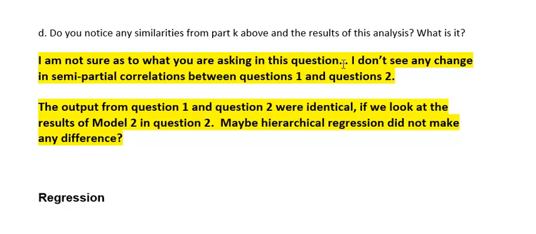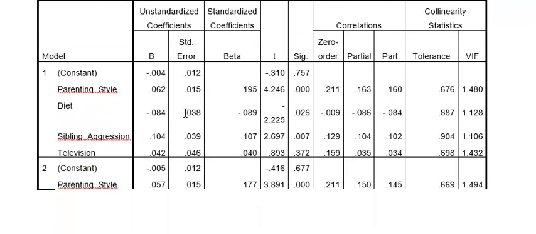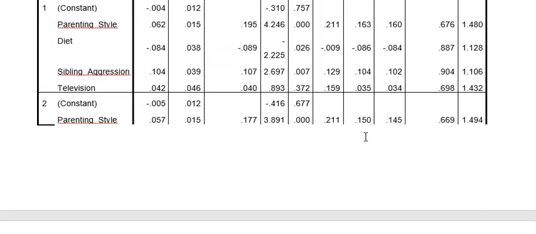So I'm not sure what he's asking about this question, but I'm sure it has to do with the amount of variance that you can explain. So maybe what he's saying is that your first model is better, it explains more of the variance in the DV than the second model. But then I pulled up the partials and semi-partials. So there's the first model right here, without computer games.